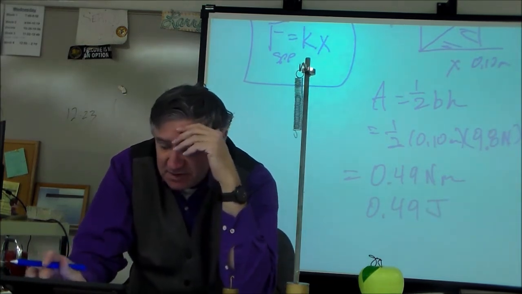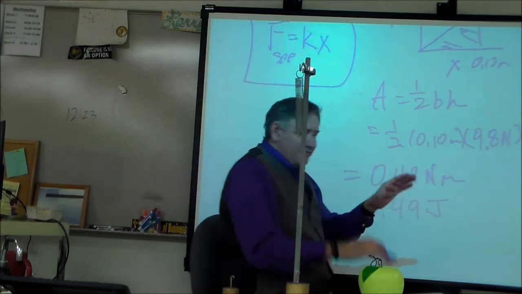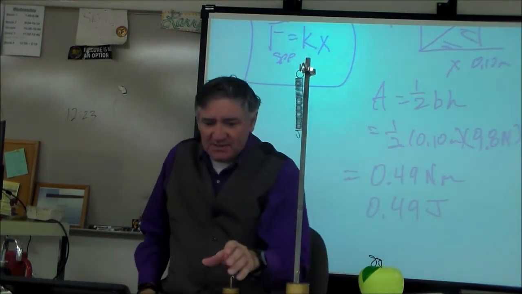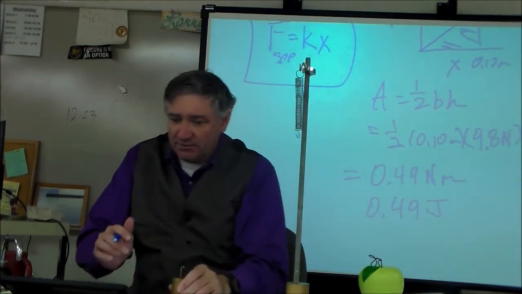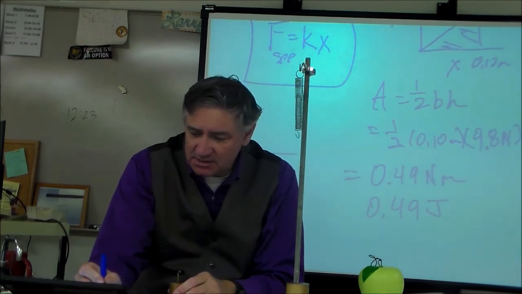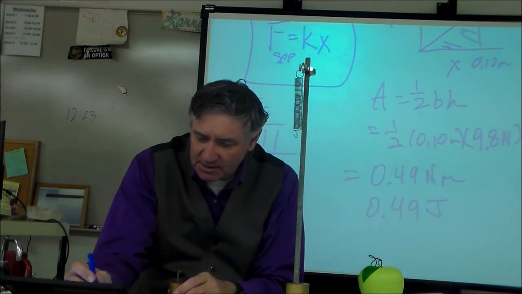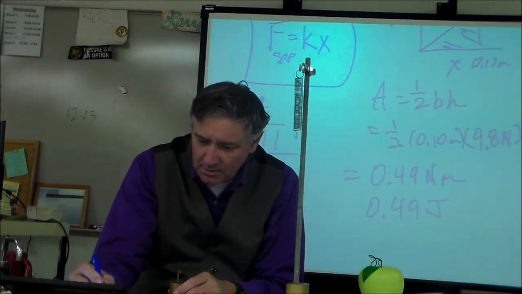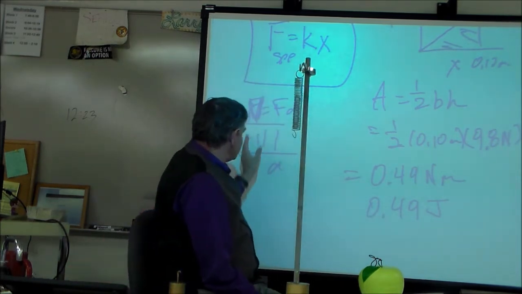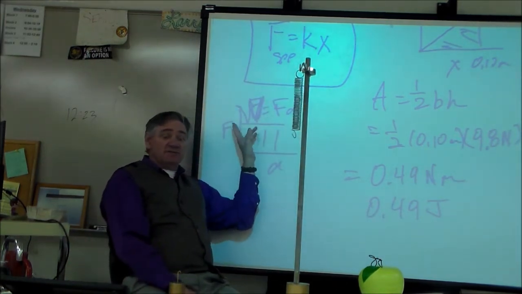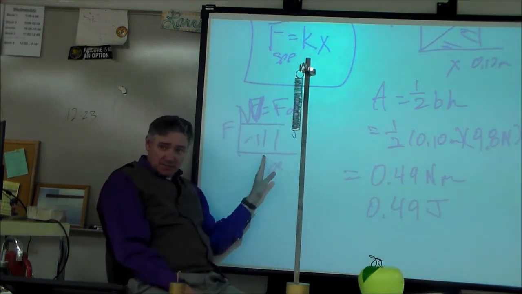Now, here's what's important on a spring graph. If it's like me just pushing this thing along, I'm applying a constant force over a distance. If it's a constant force over a distance, the work is going to be force times distance, and that's just the area of a rectangle.